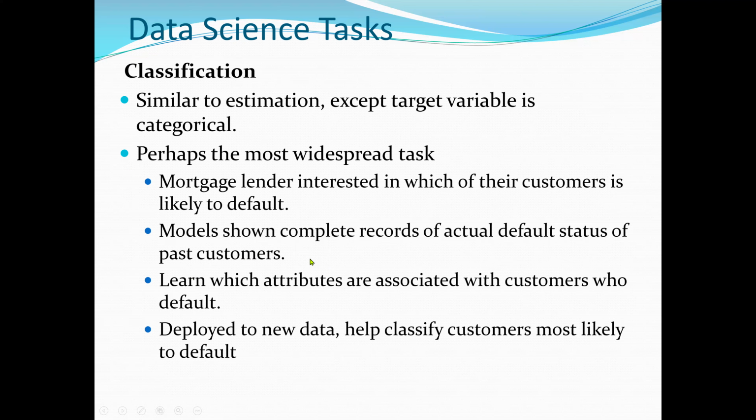If we have the data of past default status of customers, we can use that data to build a model. That will give us an idea what kind of attributes or characteristics a customer that may default on a loan may have. So here we learn which attributes are associated with customers who default. Then we deploy new data to help classify customers most likely to default.